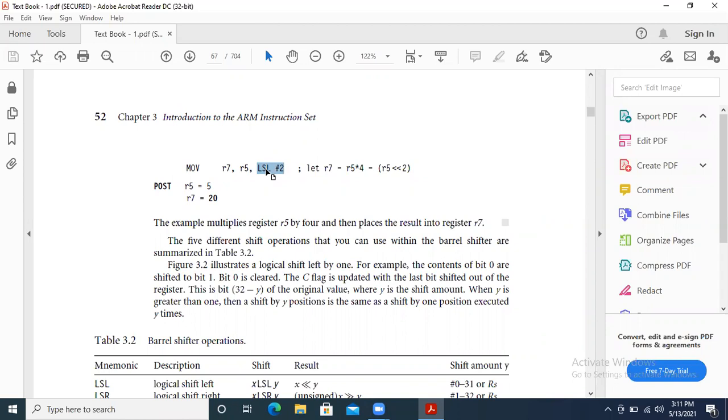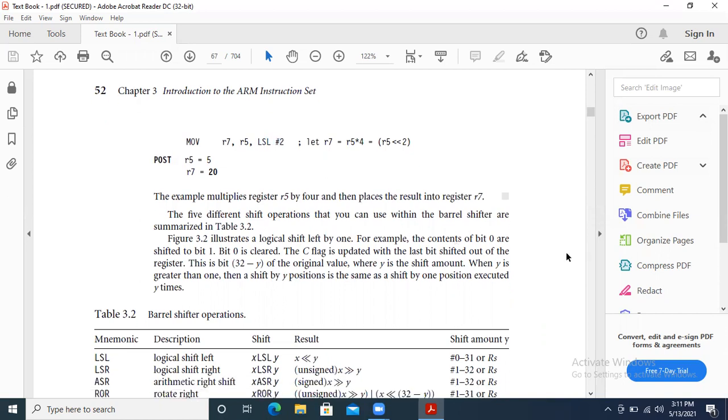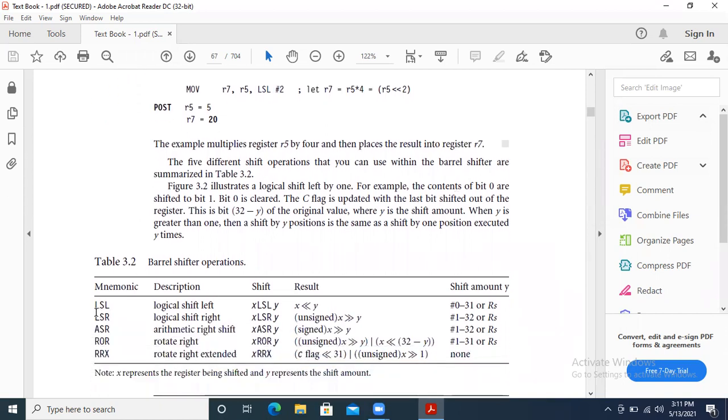If you use LSR, that is called a logical shift right, nothing but I'm shifting towards the right here. So these are the different barrel shifters I'm using here. Totally we have five types: logical shift left, logical shift right, arithmetic right shift, rotate right, and rotate right extended.